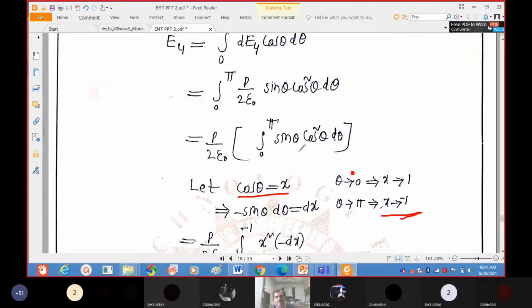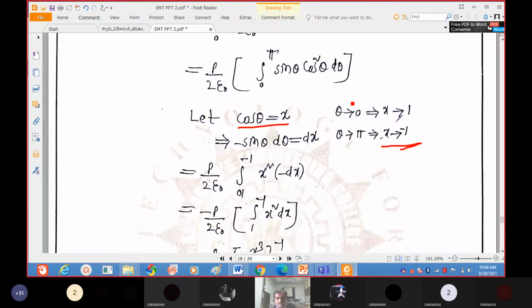Now we have to convert d theta in terms of x. So dx is equal to the differentiation of cos theta, which is minus sin theta d theta. So minus sin theta d theta equals dx. If you substitute, the lower limit will be 1 and the upper limit will be -1.